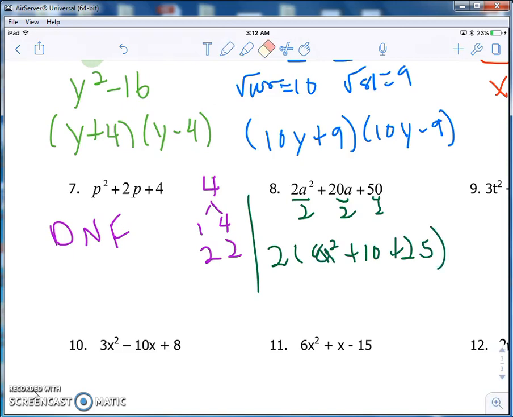Two numbers that multiply to be 25 but add to be 10 are 5 and 5. So this factors to 2 times a plus 5, quantity squared. Perfect square trinomial.